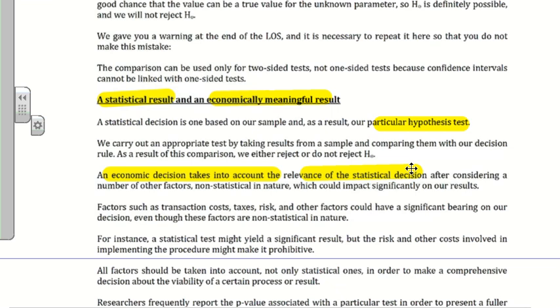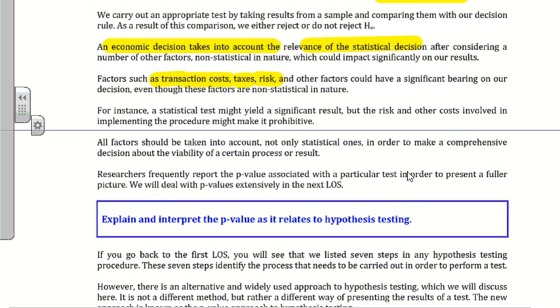Things like, what would this cost me? What are the transaction costs involved? Are there taxes? What's the risk involved? All other things that are not statistical in nature, but again may have an impact on my test.